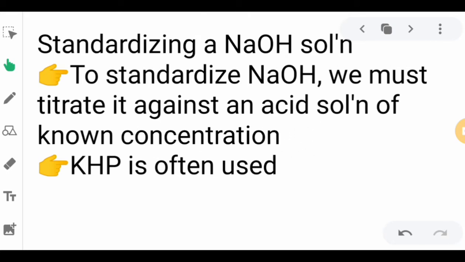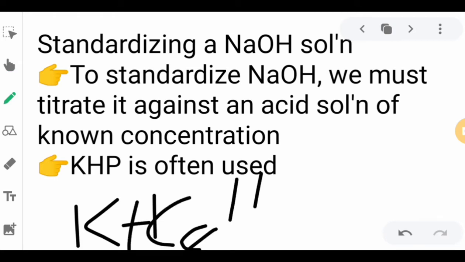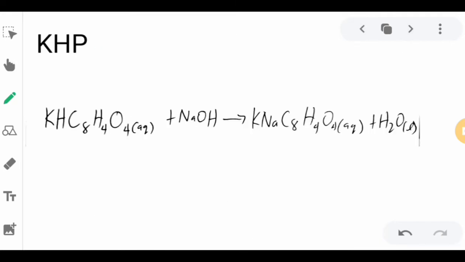For the standardization of NaOH, we commonly use KHP, or potassium hydrogen phthalate, whose molecular formula is KHC8H4O4, and the molar mass is 204.2 grams. The reaction between KHP and sodium hydroxide is this one. Plus sodium hydroxide, you will yield these products here.